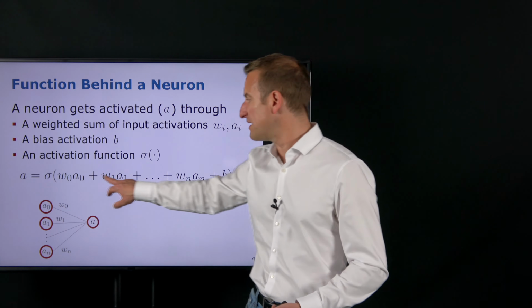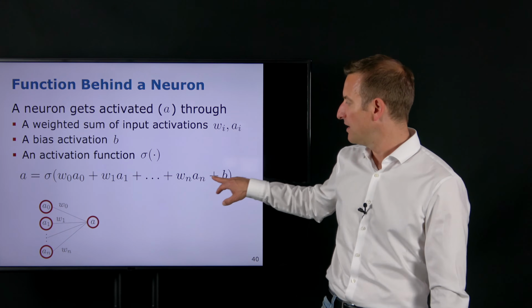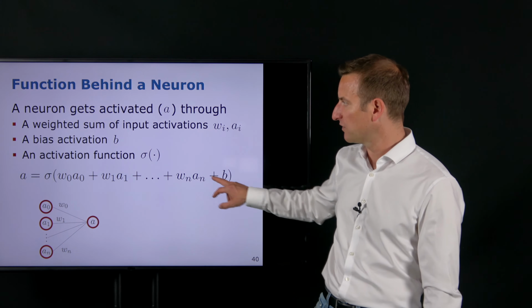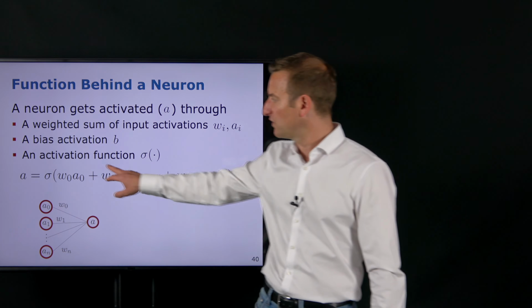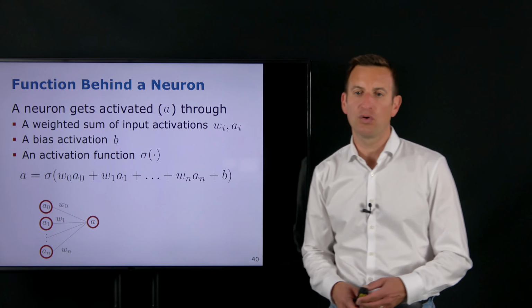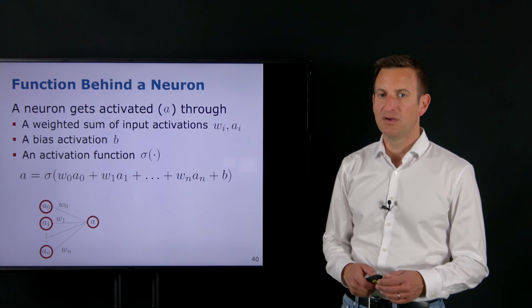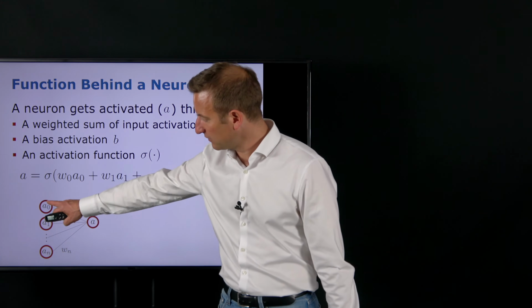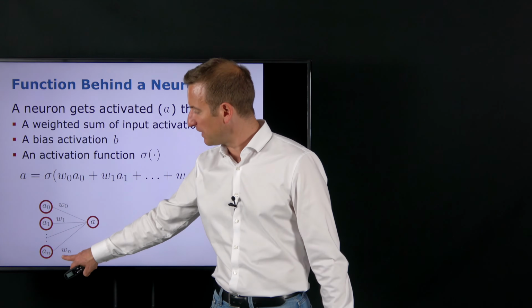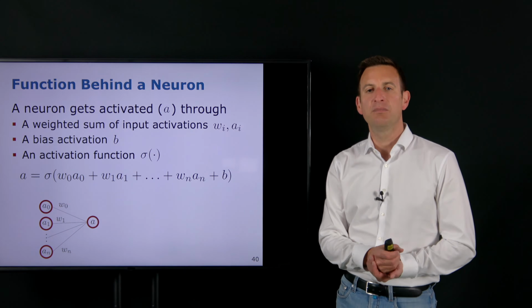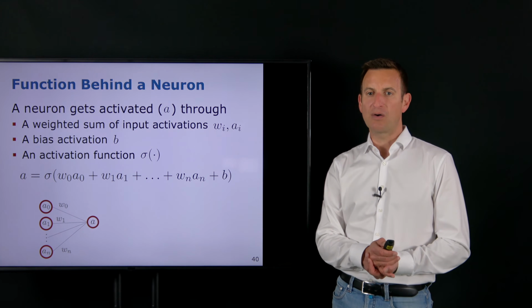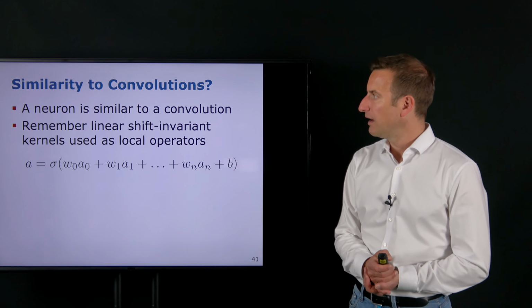And then it adds a constant, this bias, and squeezes the result through a so-called activation function. So the system collects the input activations, multiplies them with the weights, adds them up, then adds a bias and puts the result through our activation function.